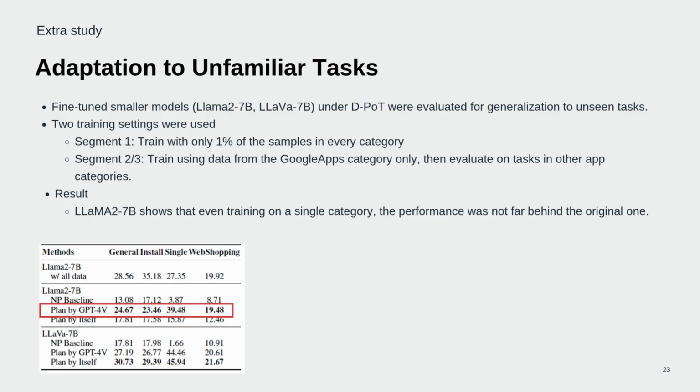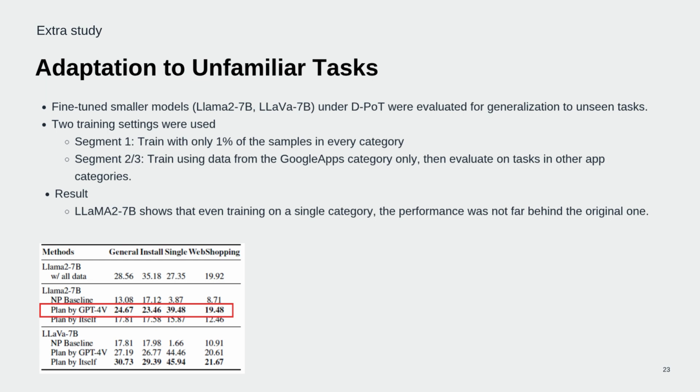Segment one is used as a baseline, trained with only 1% of samples in every category. For segments two and three, they trained using data from the Google Apps category only from the Android in the Wild dataset, and then evaluated on other category tasks to see the unseen tasks. The result was pretty good.